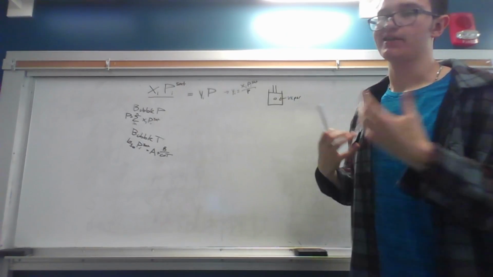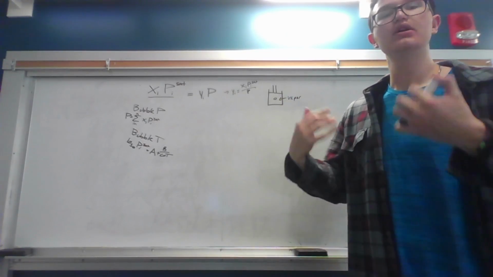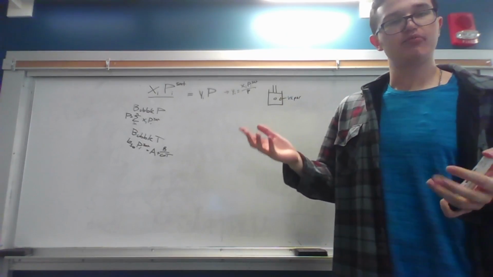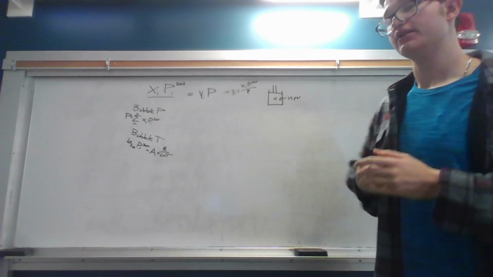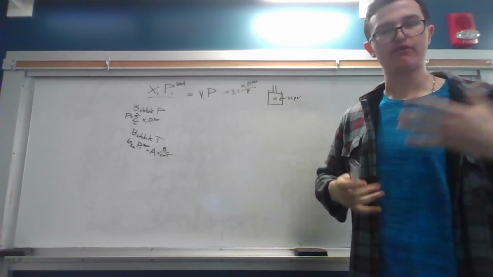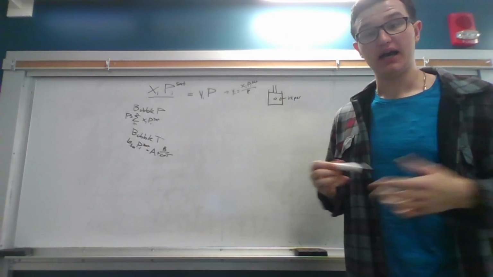Now, the dew point, like the bubble point, is when the first drop of liquid forms. You would call that the condensation point or something like that in a pure liquid, but in a mixture, it's the dew point because it varies. So, let's begin on finding that out.